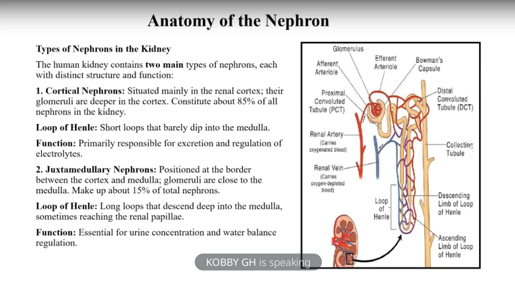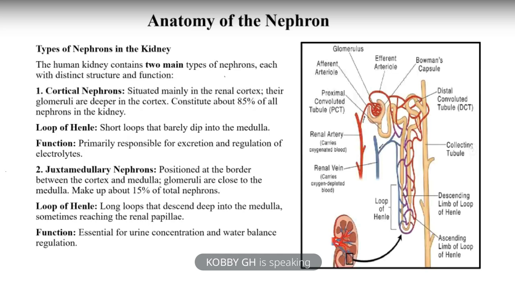The first one we call the cortical nephrons, and the second one we call the juxtamedullary nephrons. The major difference between them is where the renal corpuscles are located and how far their loop of Henle extends into the medulla. That's the major difference.